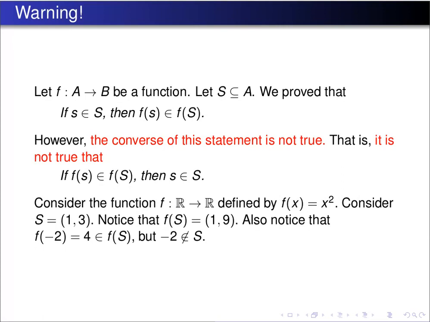Okay, but -2 itself is not a member of S. So this example shows that it is not true that if f(s) is an element of the image of the set S under f, then little s is an element of S.